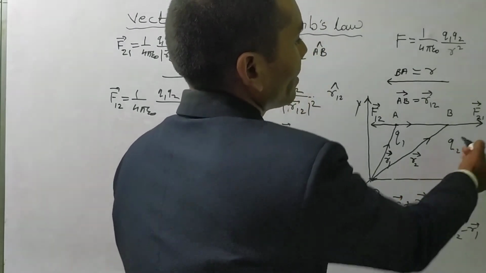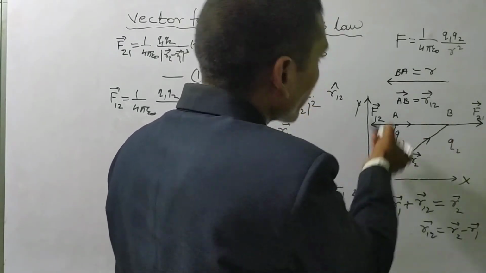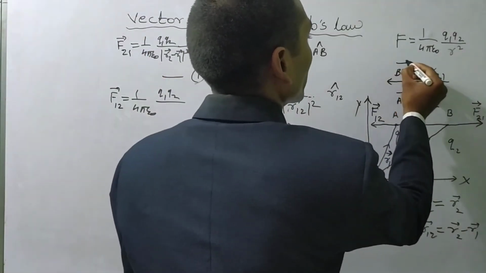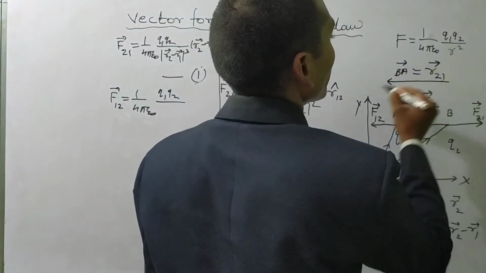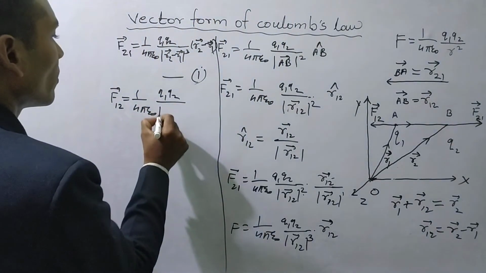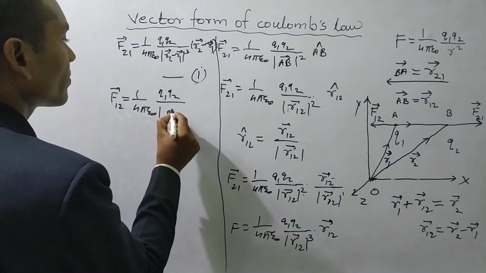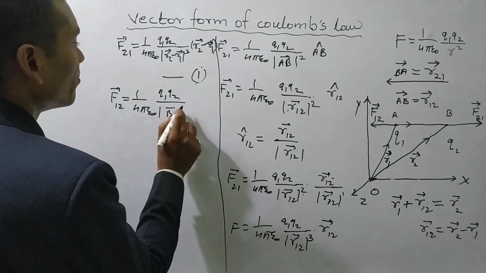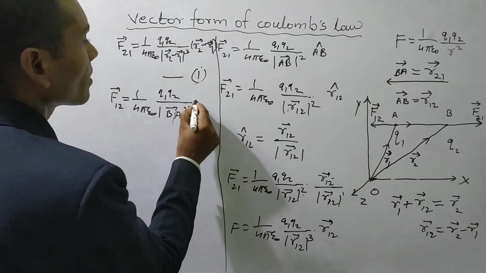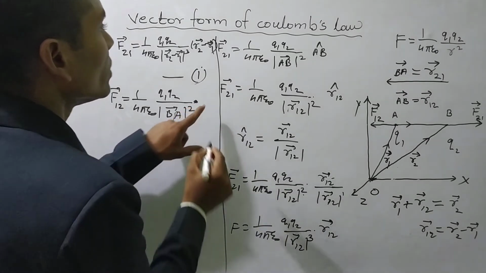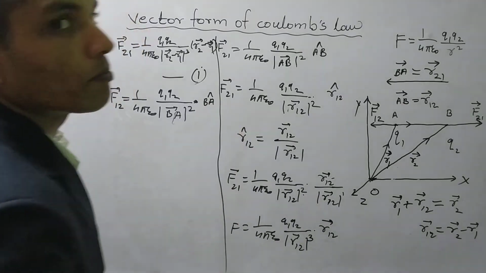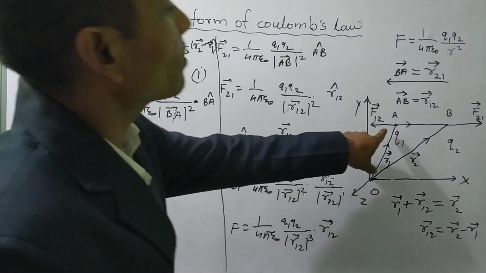This distance is measured from the second charge to the first charge, that's why this will be R21, the position vector BA, vector R21. So this will be the modulus of vector BA squared, and the unit vector BA. This will be the force on Q1.